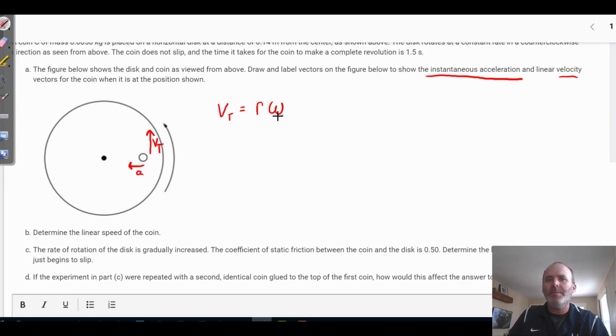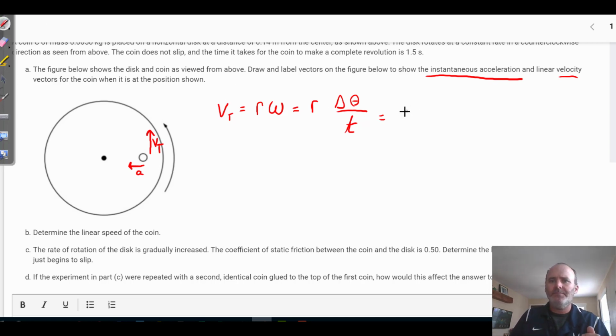So here I have omega. Omega stands for the angular speed. So what's the angular speed? Well, the angular speed is delta theta over t. If we look at how far this thing goes, let's just plug in some numbers here.